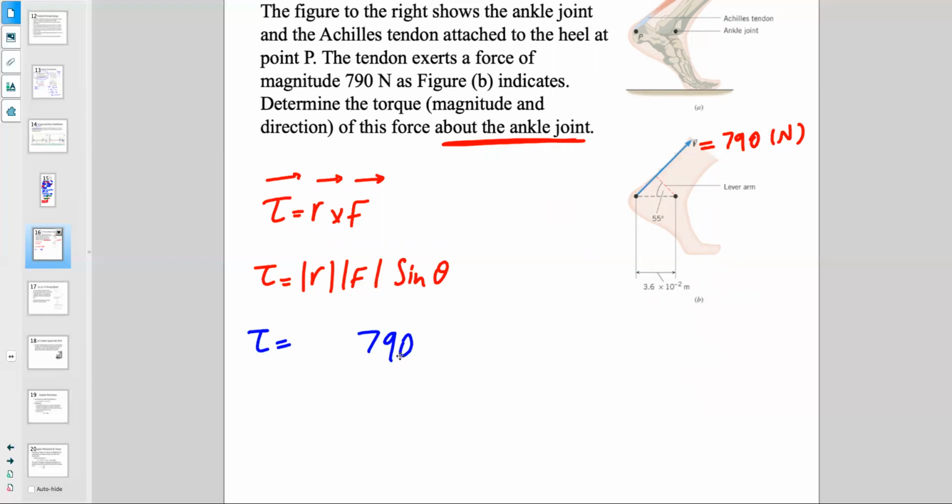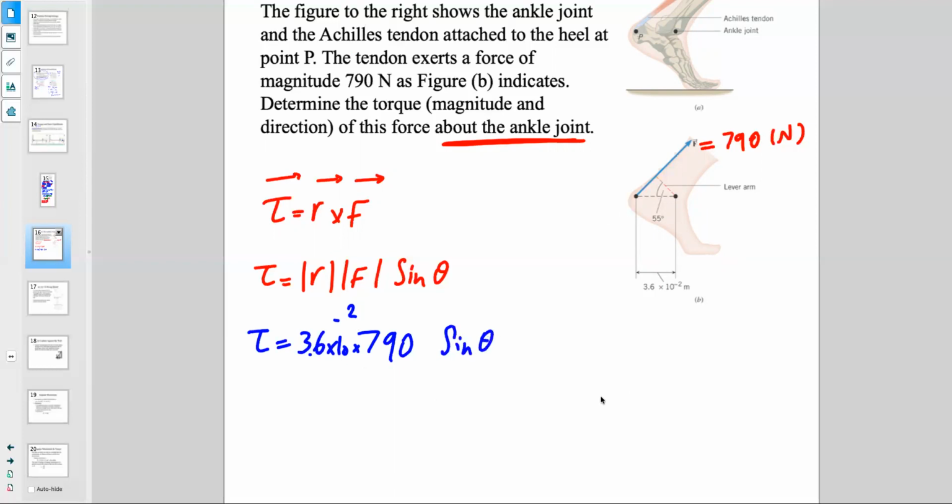The R is the distance from the force to the axis of rotation, which is right there. And it's been given to us, 3.6 times 10 to the negative 2. So 3.6 times 10 to the negative 2, times the sine of the angle between the force and the R. So that's the sine of some angle.